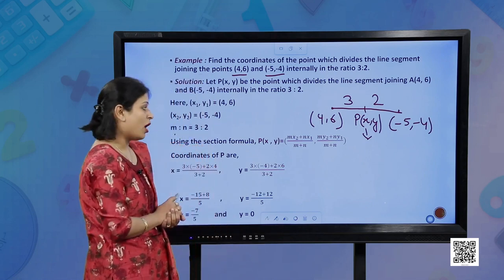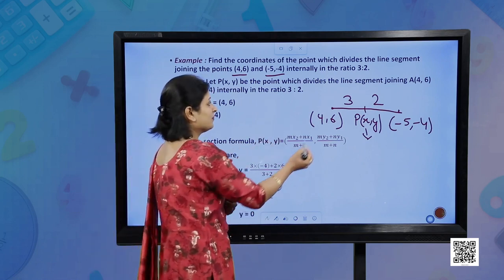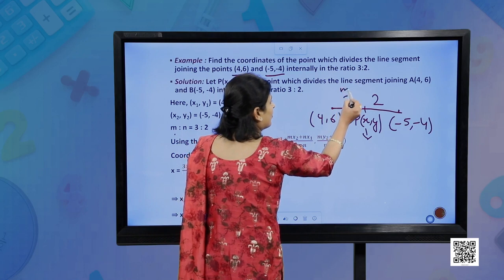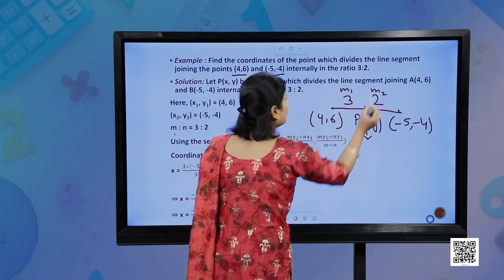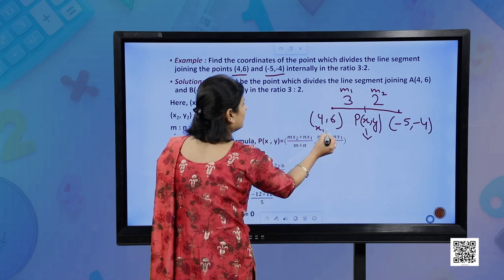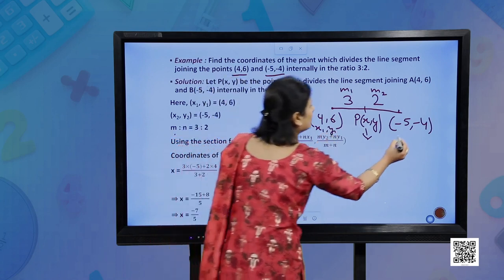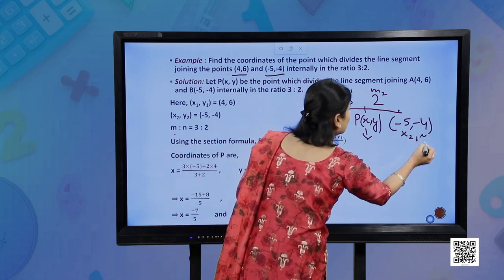Yes, we can. How? The section formula says, suppose this is m1, m2, this is (x1, y1), this is (x2, y2).